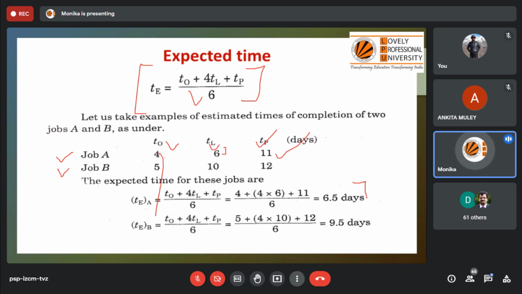That it is going to complete within 6.5 days. Okay, similarly for the next task, you can see 9.5 days are required to complete it. So I hope it's clear to everyone that this is going to give you an idea of how much time a particular activity will take to get completed on the site itself.